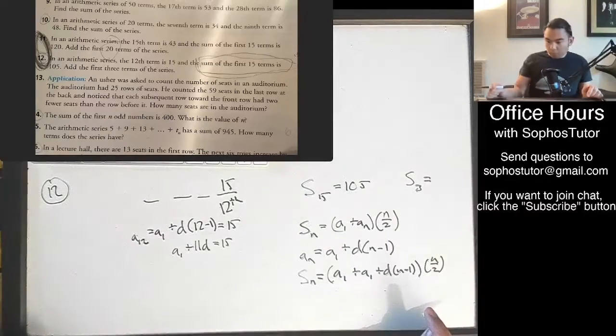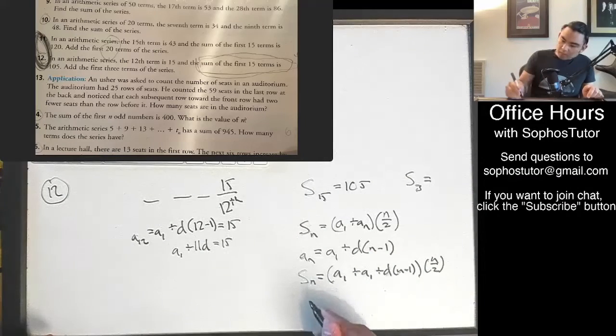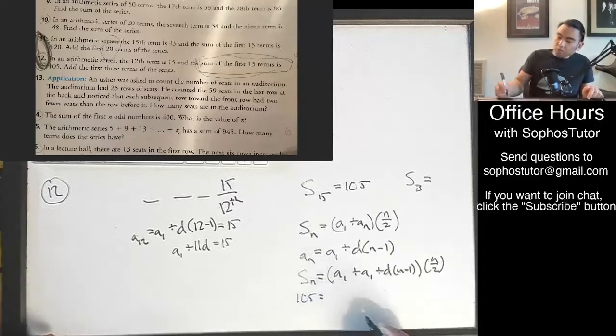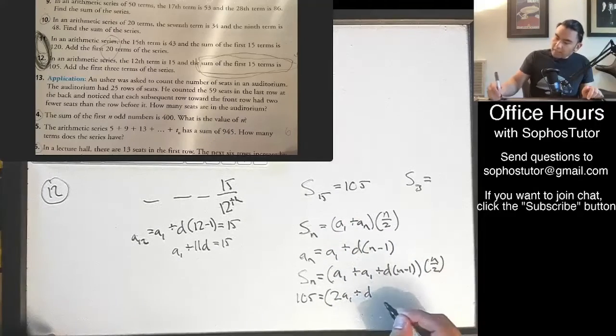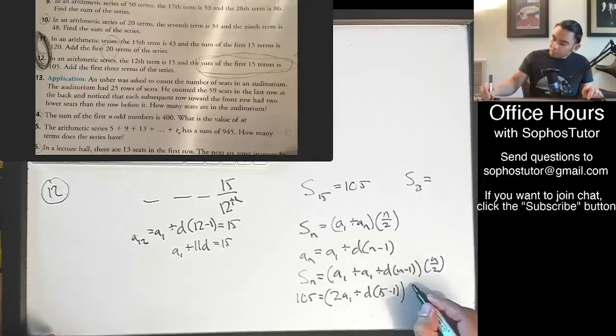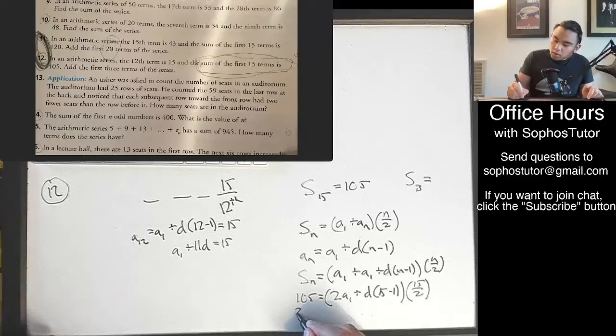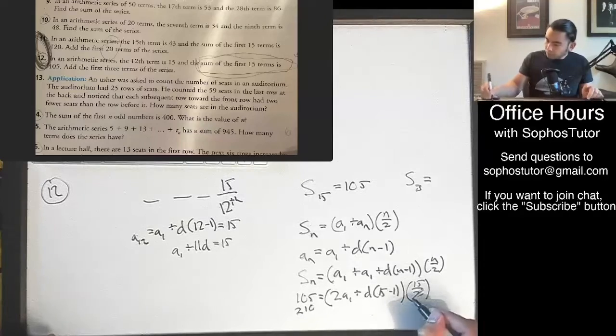We also know that if n is equal to 15, the sum in this case is equal to 105. This is going to equal 2 times a sub 1 plus d times 15 minus 1, all times 15 divided by 2. So if we do a little bit of math here, we multiply by 2, this will equal 210. That gets rid of the 2.